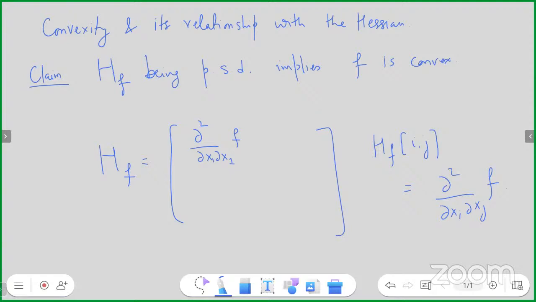You have to check whether first the Hessian exists. That is given. Of course, otherwise it is meaningless. So Hessian exists.